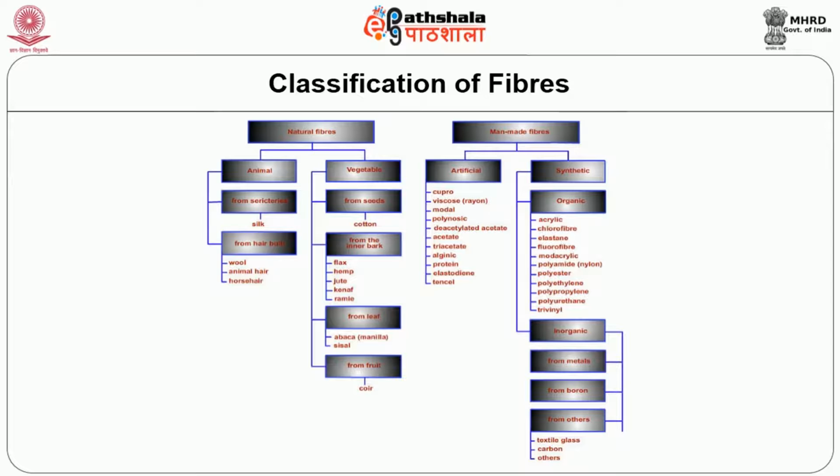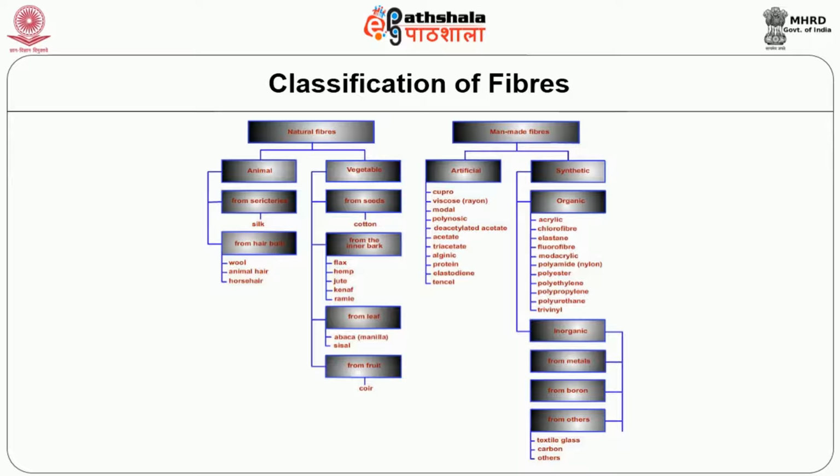Further, the man-made fibers or the synthetic fibers are broadly classified as the artificial and the synthetic fibers. The artificial fibers are classified as cupro fiber, viscose or viscose rayon fiber, modal, polynosic, diacetate, acetate fiber, triacetate fiber, alginic, protein, elastodiene, and tensile fiber.